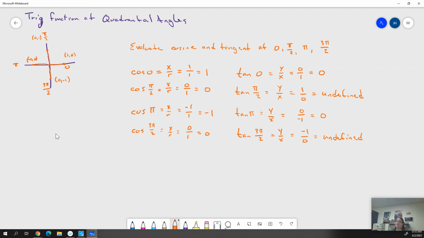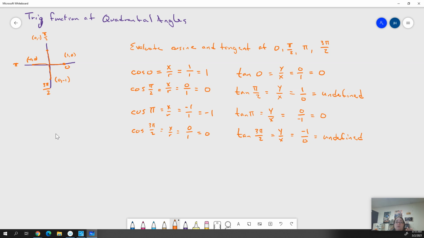So that's all we really have to do with quadrantal angles. Within your assignment, they're just going to ask you to do it for like sine or cosecant. And all you have to do is go back to that definition that we had last week where it listed them all, right? We had the list of every single one of them last week.